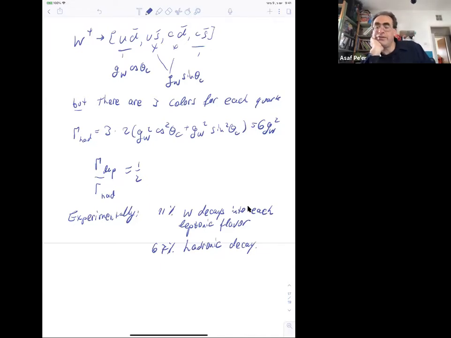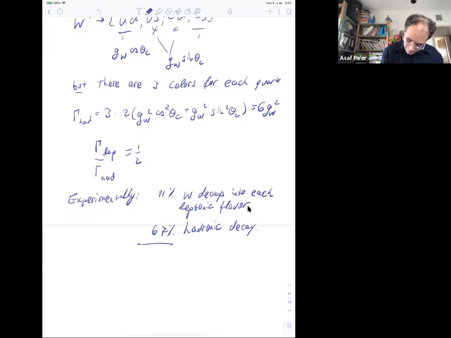Now, by the way, if you think of it, this experimental result is an independent proof that there are 3 colors, regardless of anything else that we have.